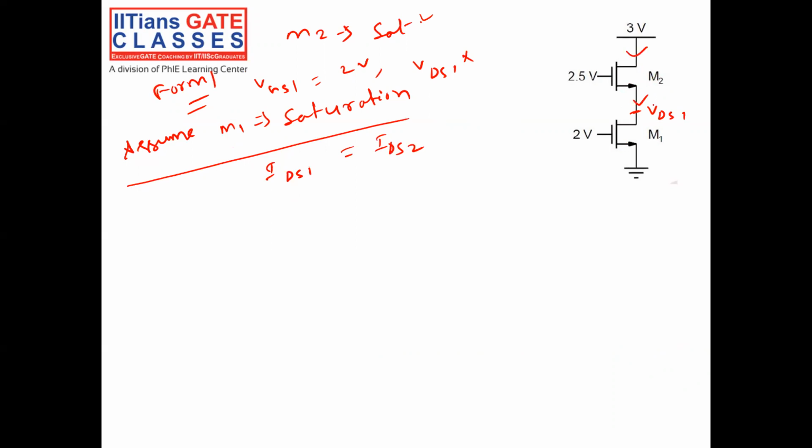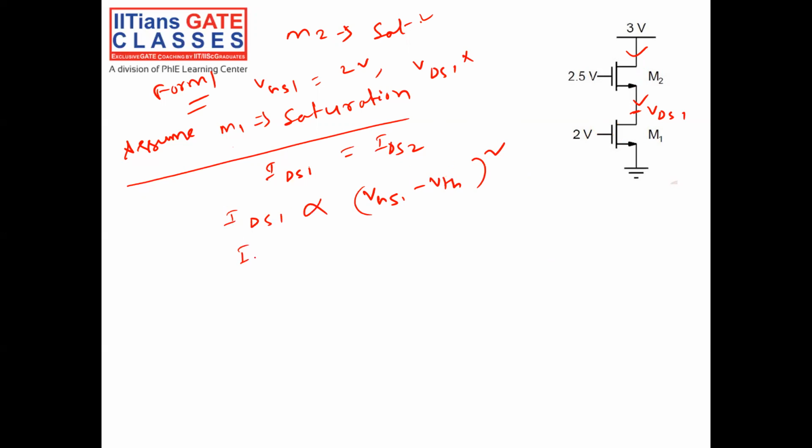since the same current will flow through M2 and M1. So IDS1 is proportional to (VGS1 minus VTH) the whole square, because transistors are identical. So mu COX W by L is the same for M2 and M1, neglecting the channel length modulation.